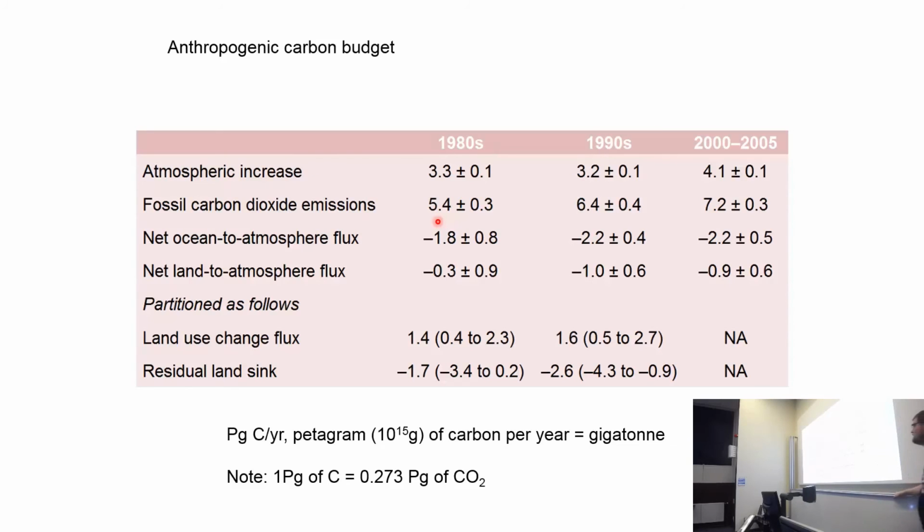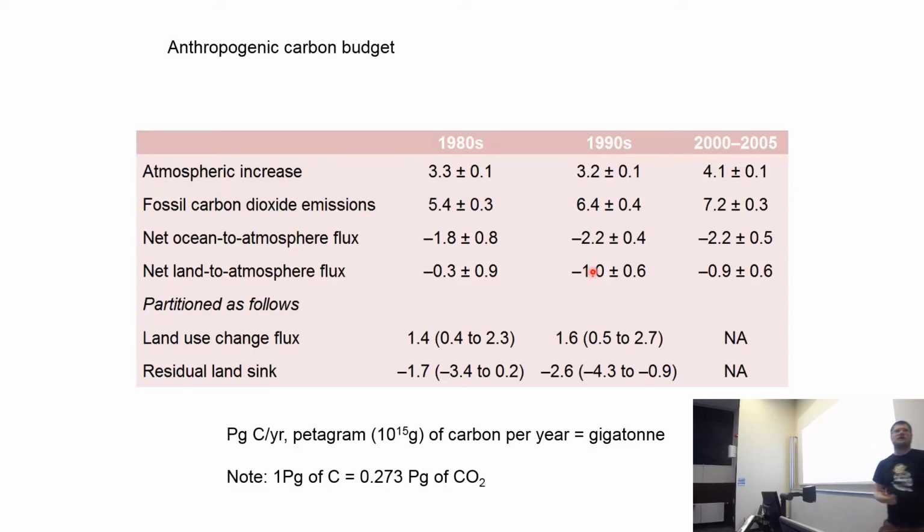The best estimate of that flux is basically taking this number, which we know well because we've added it up by counting how much fossil fuel we've burnt, though we've not been very good at counting that. We can measure how much is in the atmosphere very accurately. We can measure how much is in the ocean. It's a bit harder to measure than the global atmosphere, but it's doable. And then whatever's left over, we assume has gone into the terrestrial biosphere.